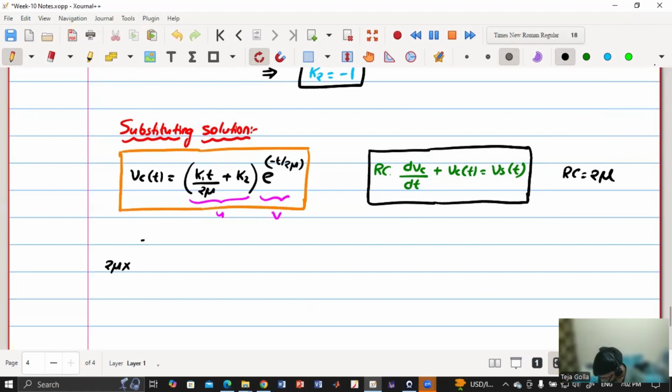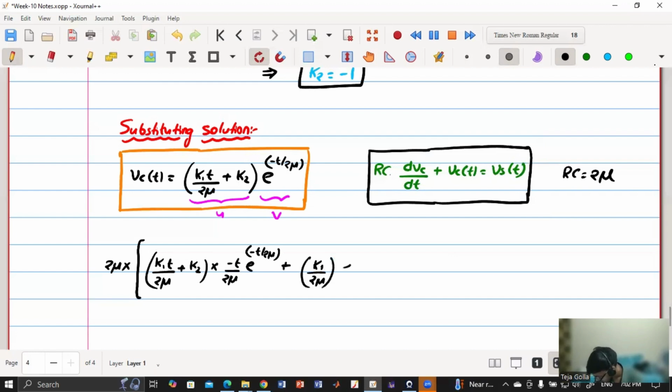So first U into dV. So in the entire dVc by dt, we'll have K1 into t by 2 micro plus K2 into U dV, which is minus t by 2 micro into e to the power minus t by 2 micro, plus V into dU. So dU is K1 by 2 micro into e to the power minus t by 2 micro plus Vc of t, which is K1 into t by 2 micro.